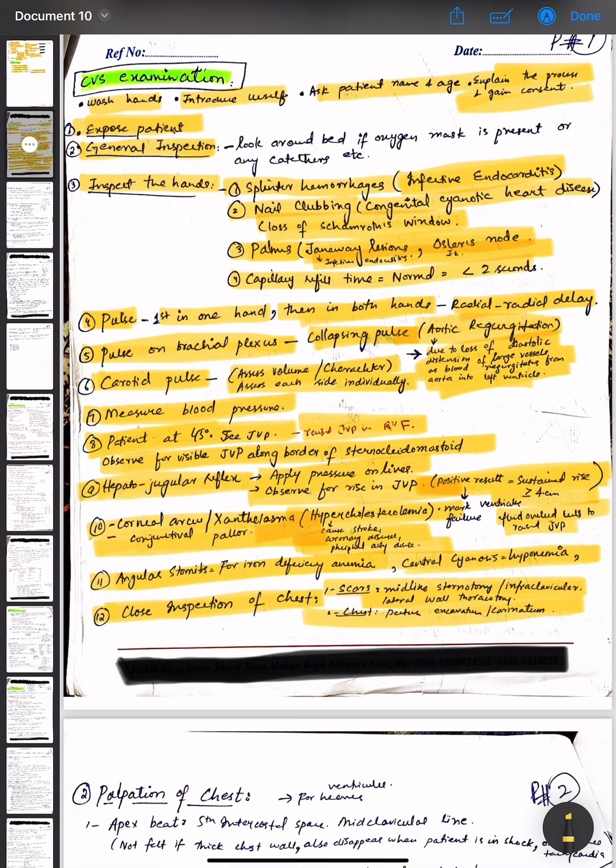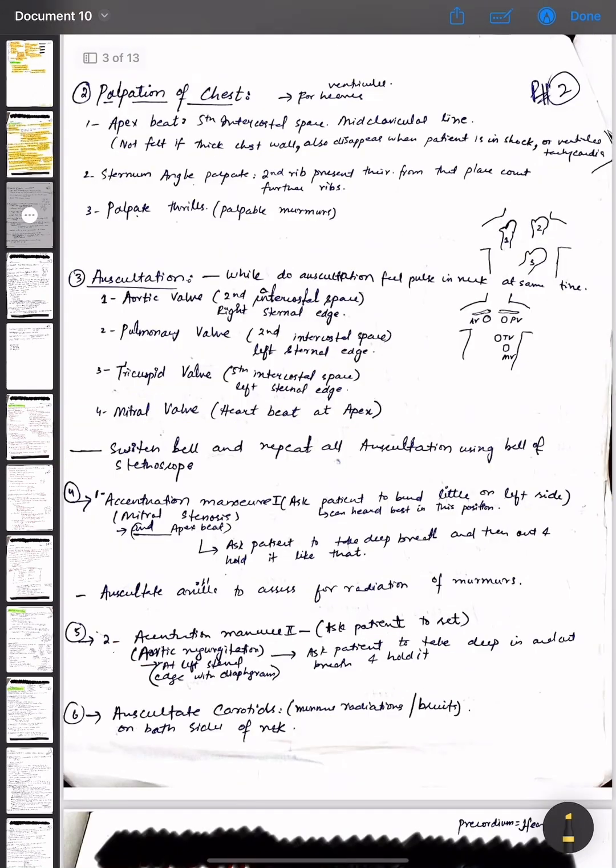Then we will look for angular stomatitis, which shows iron deficiency anemia, and central cyanosis, which shows hypoxemia. The close inspection of the chest is done, which shows the scars, and the chest is inspected for pectus excavatum or carinatum. Okay, after all these processes, the next step is to palpate the chest.